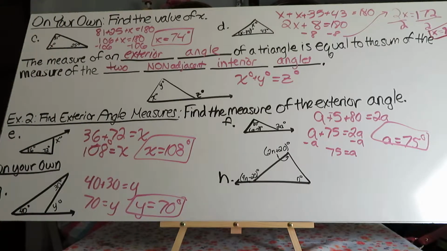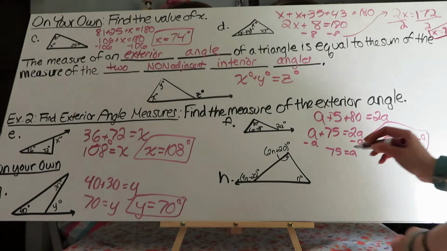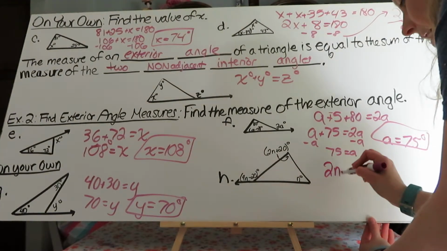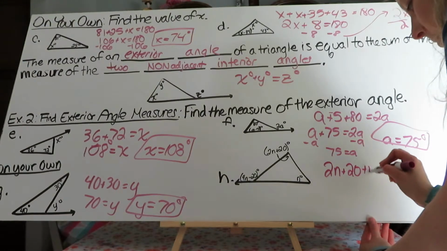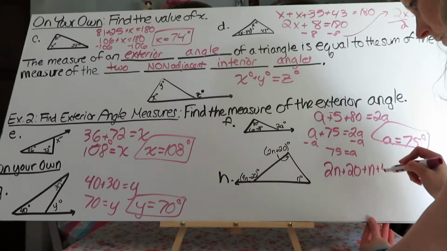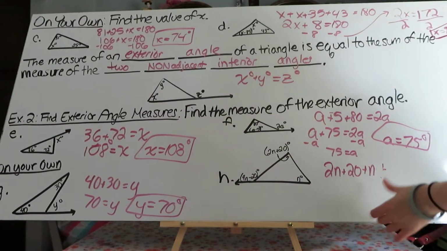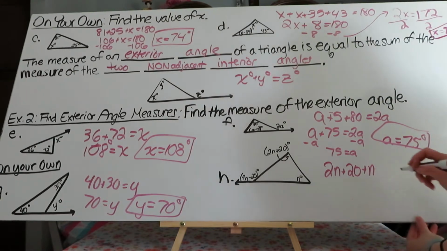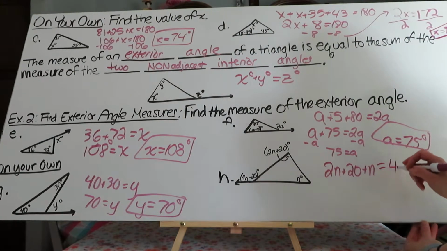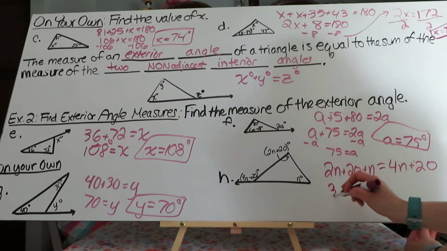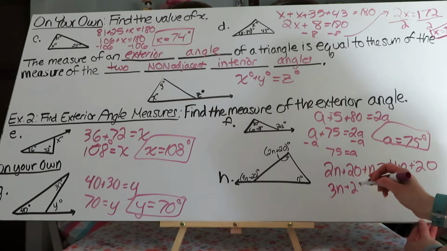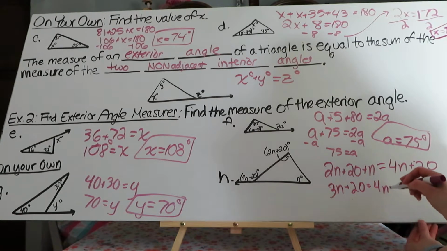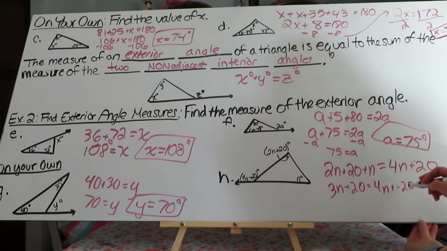Letter H. This one's bringing in some more variables. So we're going to take 2n plus 20 plus n plus n. Sorry about that. That's going to equal 4n minus 20. So I'm going to add the opposite, combine my like terms. 3n plus 20 equals 4n plus negative 20.